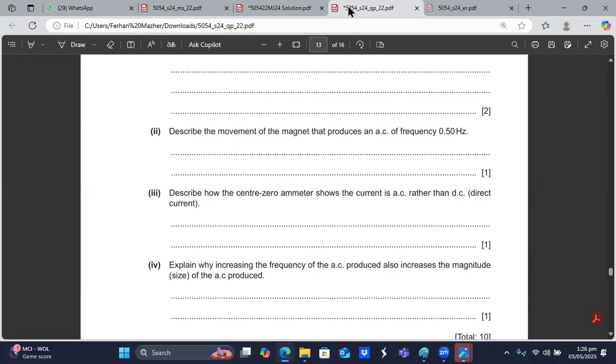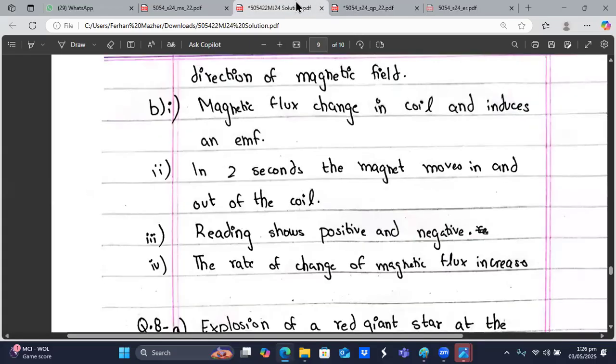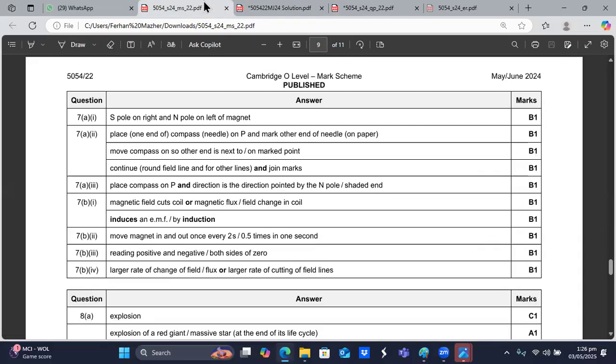So that shows that alternating current is being produced. The direction of that current is changing. Reading shows positive and negative, means pointer will be moving left and right, left and right, on both sides of the zero, which shows that the alternating current is being induced.